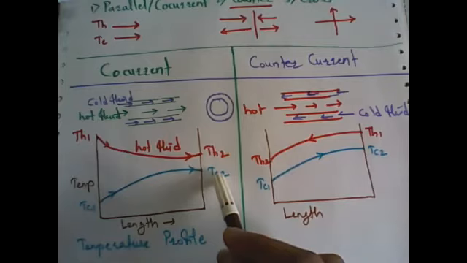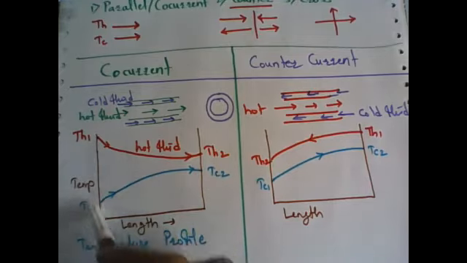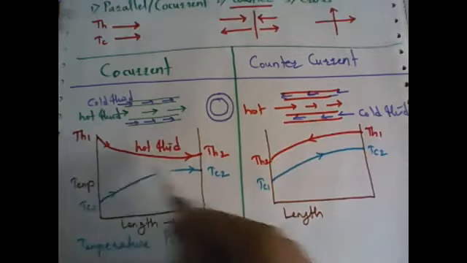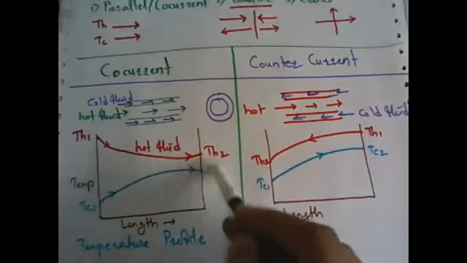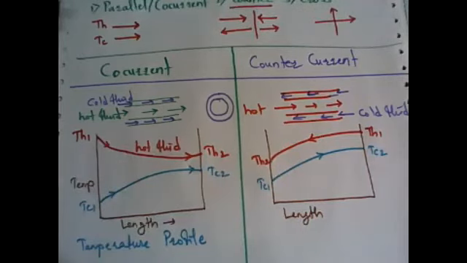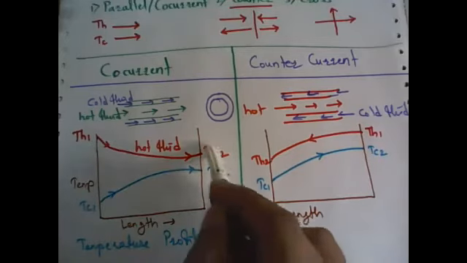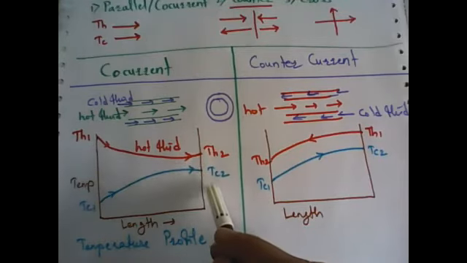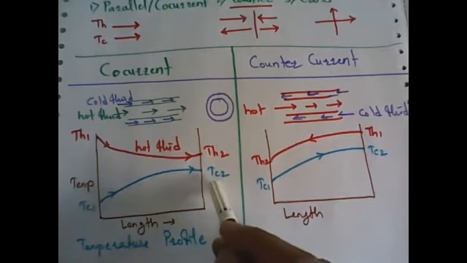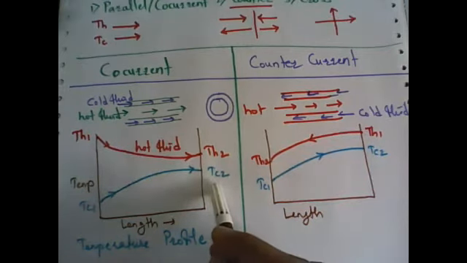And we know that Q is equal to delta T by R. So rate of heat transfer is the ratio of temperature difference to the resistance. If the temperature difference is more, obviously the rate of heat transfer is more. If the temperature difference is low, obviously the rate of heat transfer is also low. So in the co-current case, we can clearly mention that initially the temperature difference is more, so the rate of heat transfer is more, and at the end it is low temperature difference, so the Q value is also on the lower side.